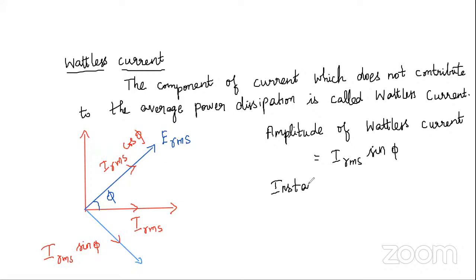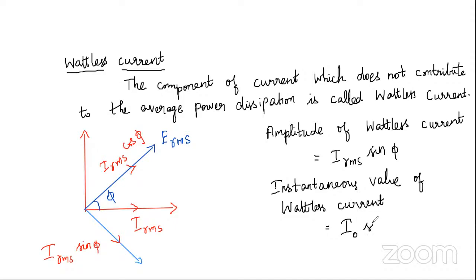It is I naught sin phi into cos omega t, where I naught, as you know very well, is the amplitude.